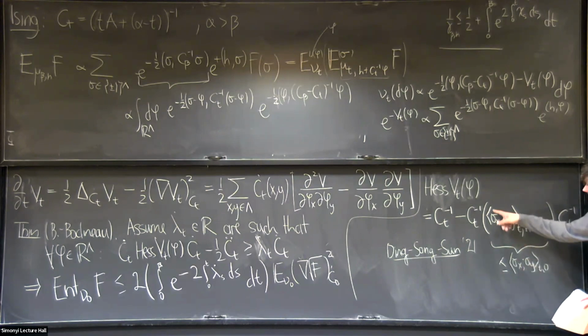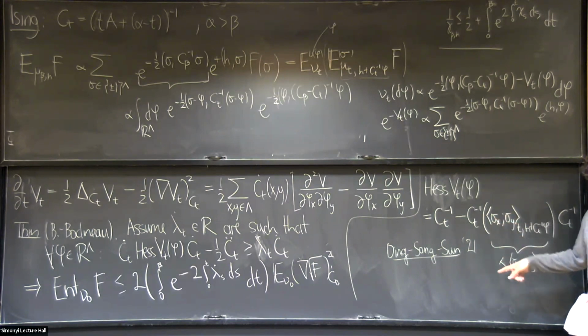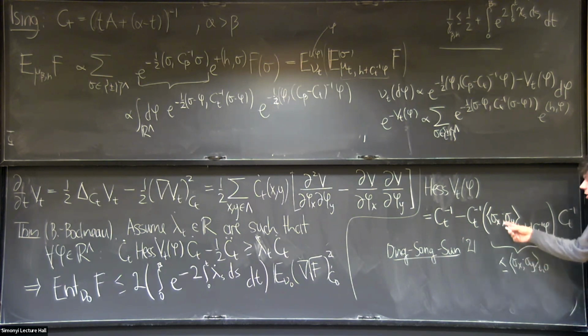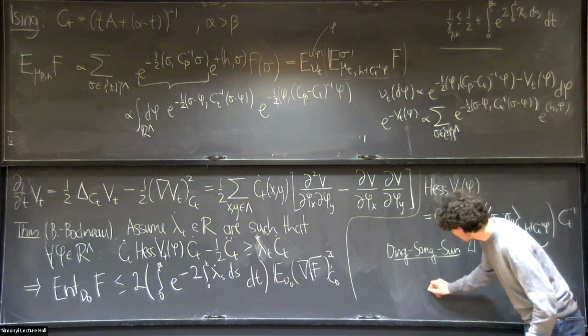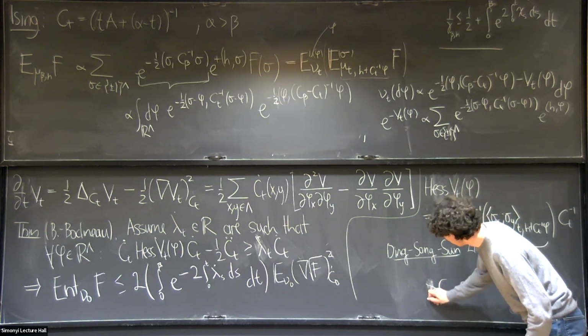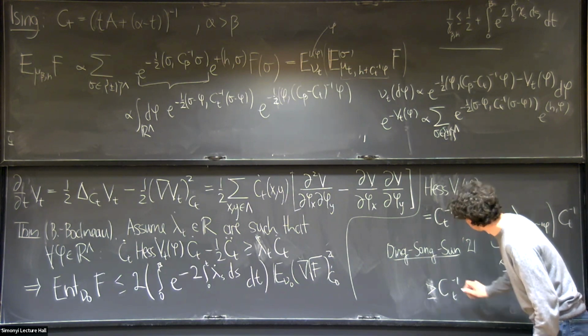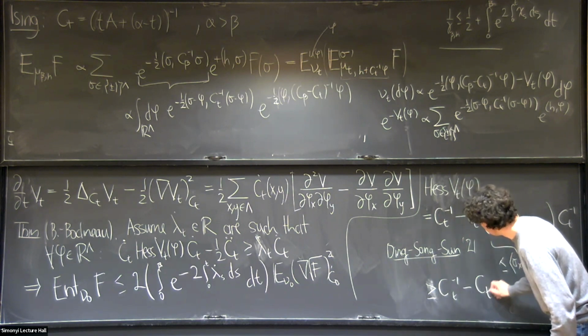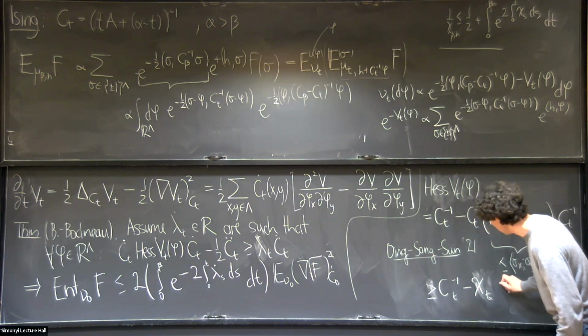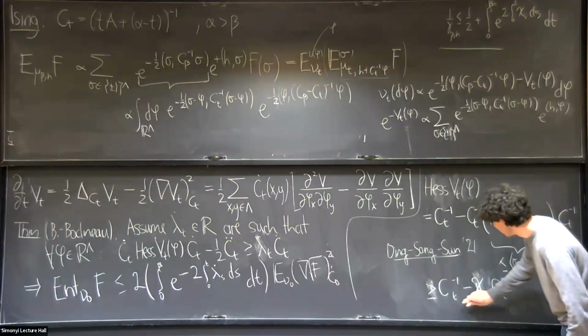So using the pointwise bound plus the Perron-Frobenius theorem, we get this quadratic form is bounded by the largest eigenvalue, which is just the susceptibility. So in other words, this is bounded from below by C_T inverse minus C_T^{-1} pi_T, the susceptibility, C_T^{-2}.